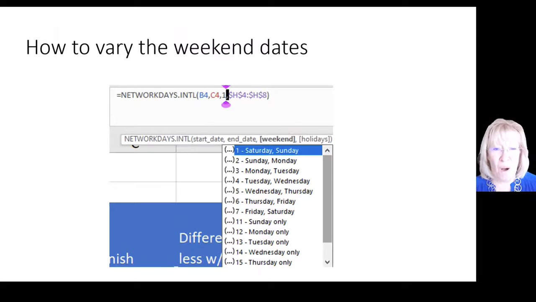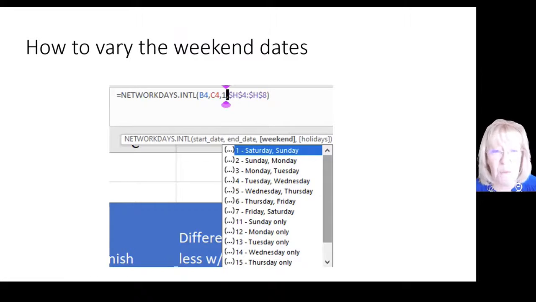Well, when you are writing your network days.intl formula, you've got the first date, the start date, comma, the end date of the project or task, and then you put in a number, and I've just shown you the drop down for the numbers. So it varies, of course, which days people would have off as their weekend. So the default would be Saturday, Sunday, but look, so in my example, I'm going to choose for a Monday, Tuesday to be a 3, and there's my block for my holidays.